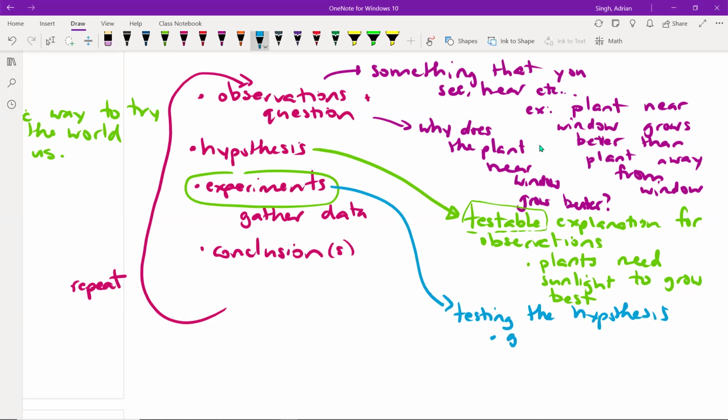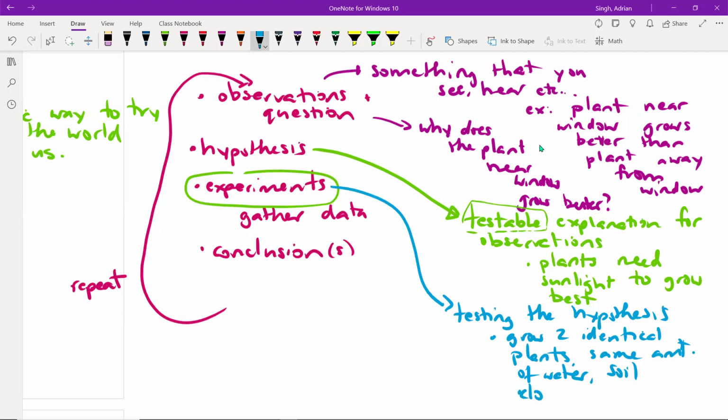Okay, and in this case, our experiment could be a very simple one. We can grow two identical plants. We keep everything constant, same amount of water and soil. And the only thing we're going to change is their location.